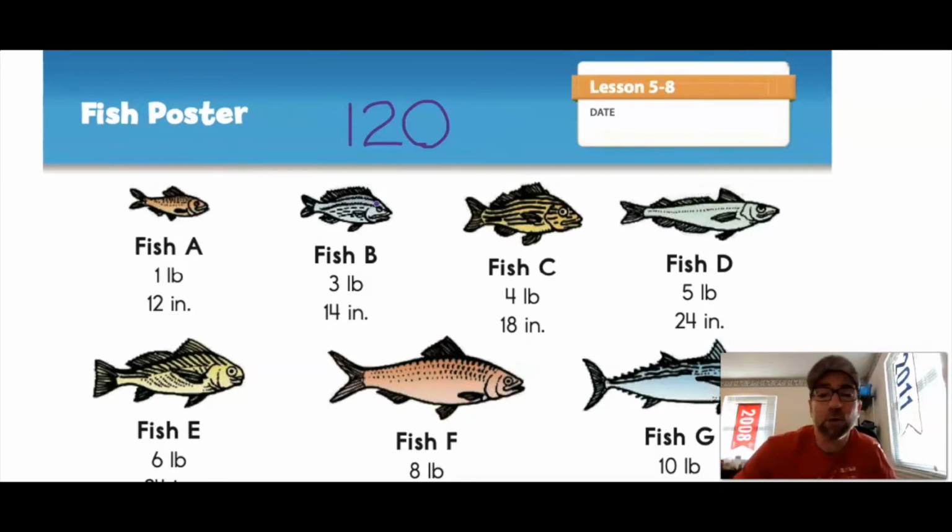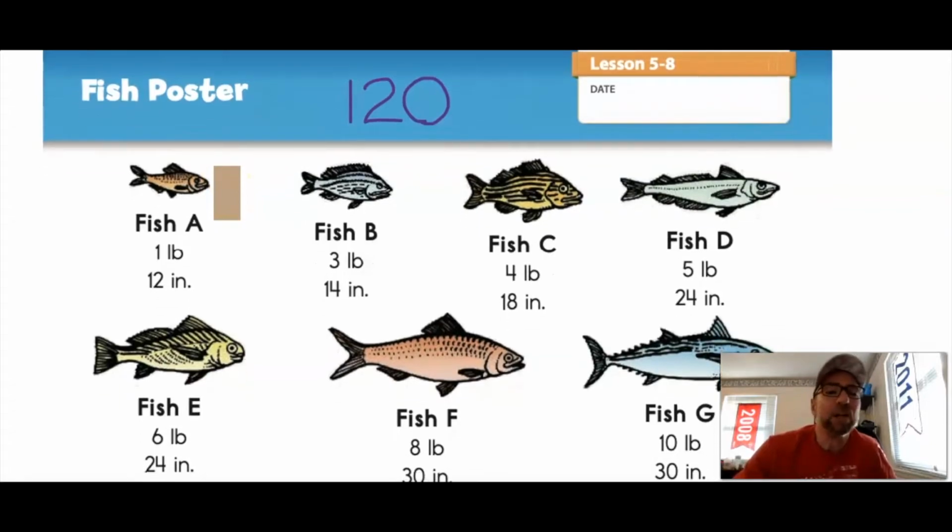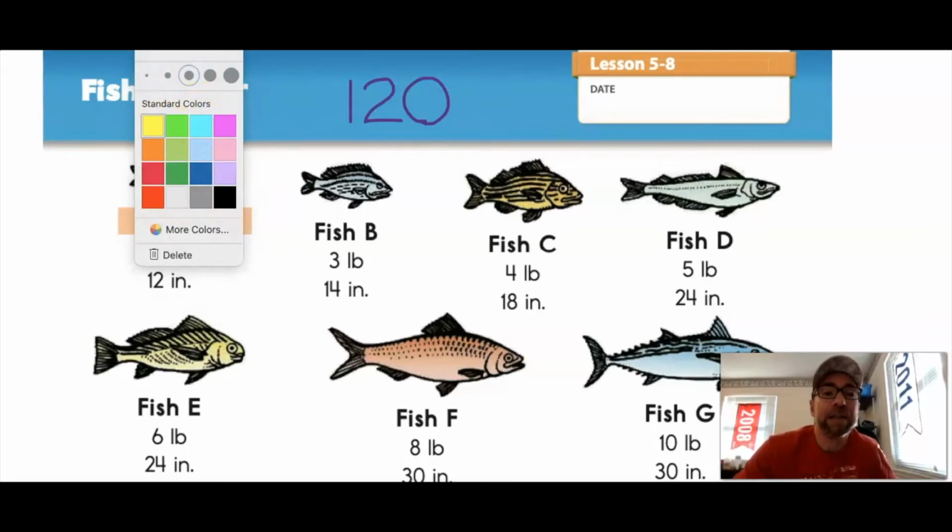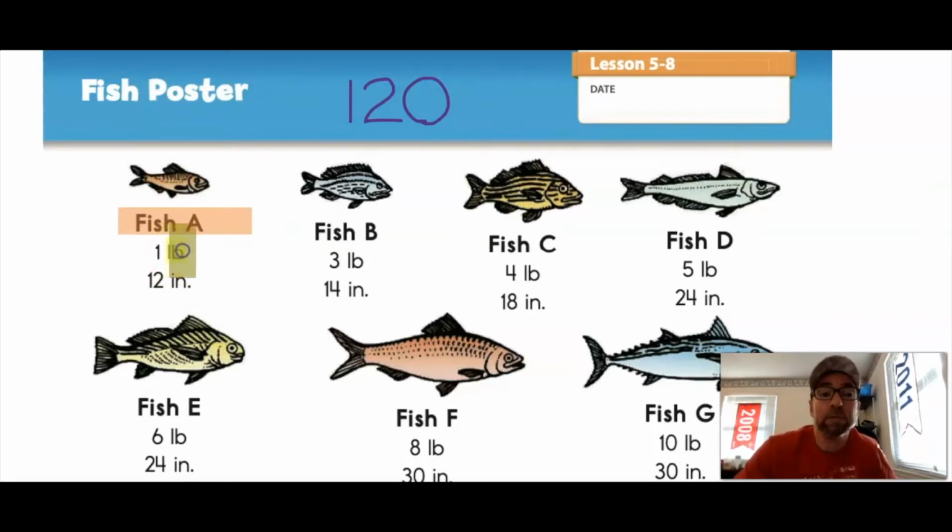So in your math journal on page 120, you're going to notice that every fish has a length and a weight. So let's take a look at fish A. Here's fish A. Underneath it, it has a pound and an inch. The pound means how much the fish weighs. So sometimes when you go to the doctor, they say, step on the scale. I want to see how much you weigh, right? If you play football, you have to weigh a certain amount. If you're on the wrestling team, you weigh a certain amount.